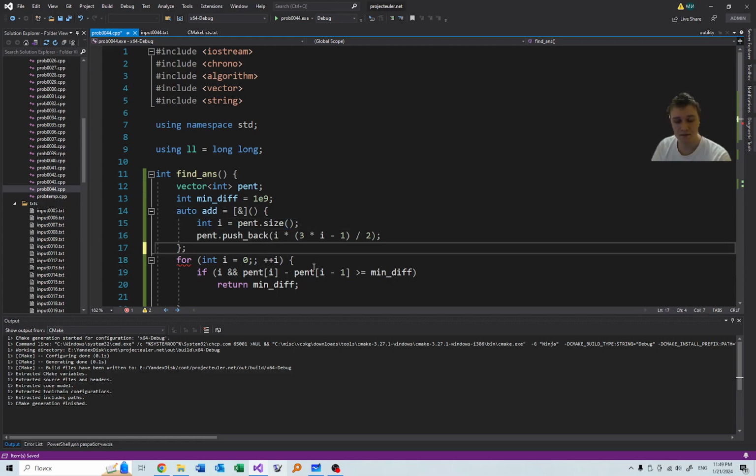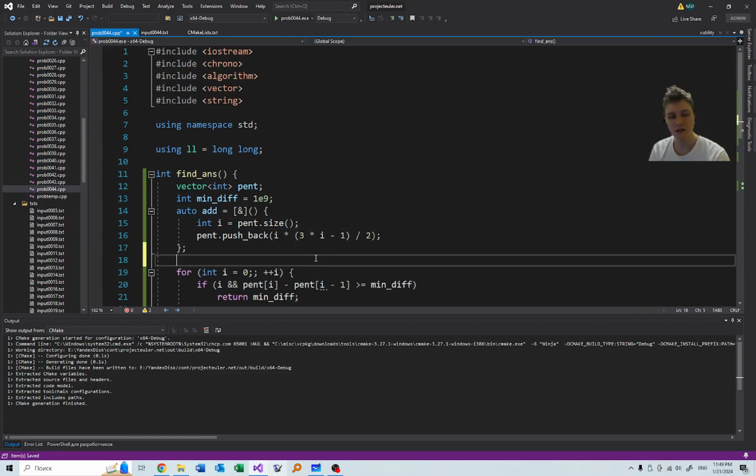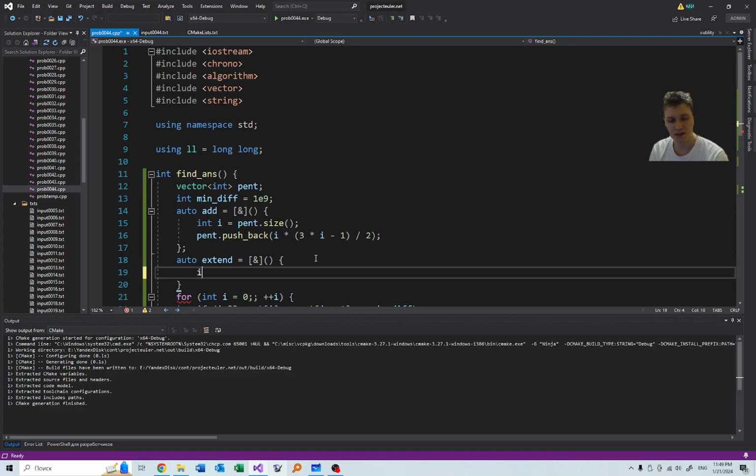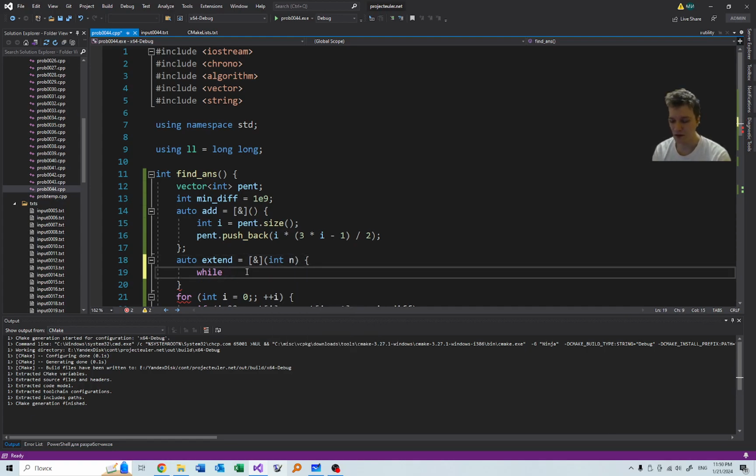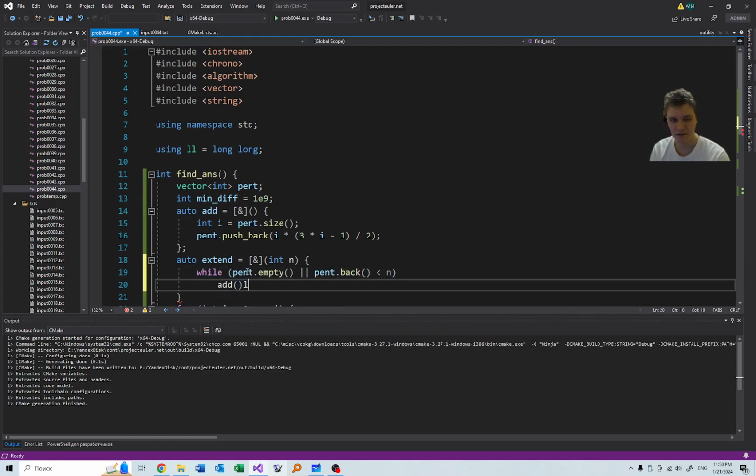Also, I need a new function extend, which takes an int n. It checks while pent is empty or pent.back is still less than n, I need to add. This is the function extend.